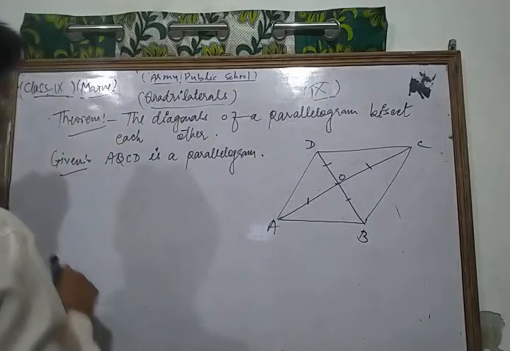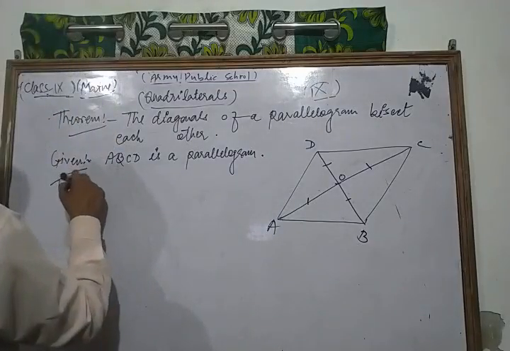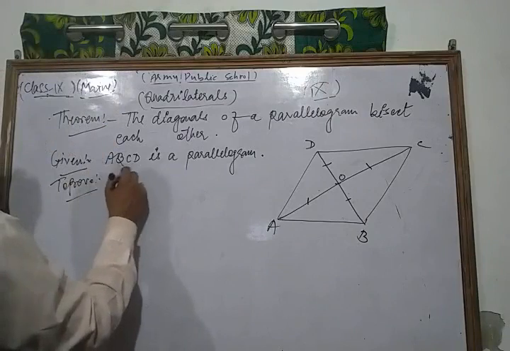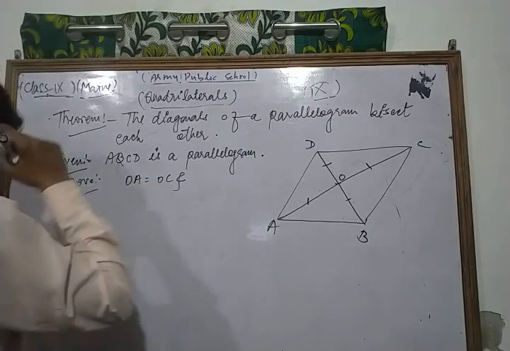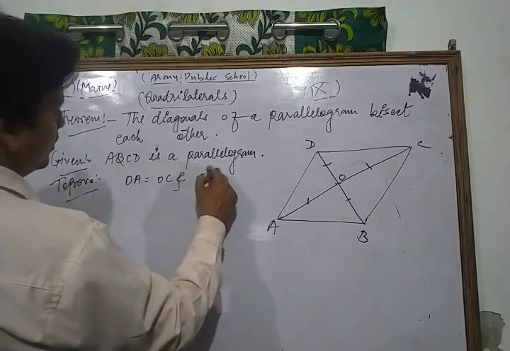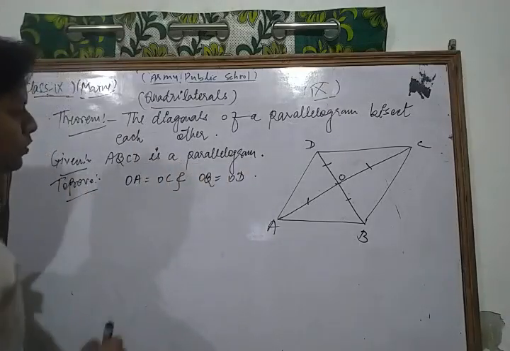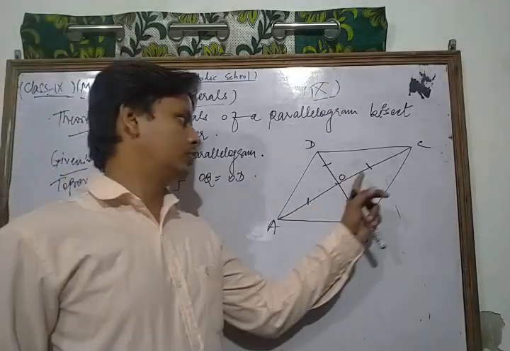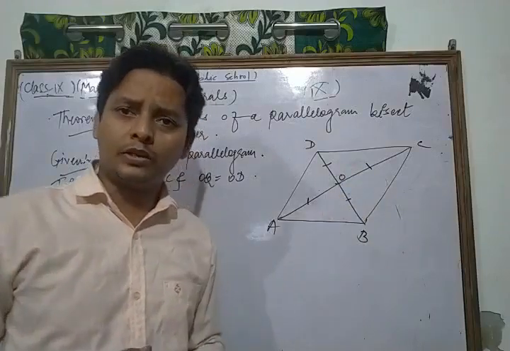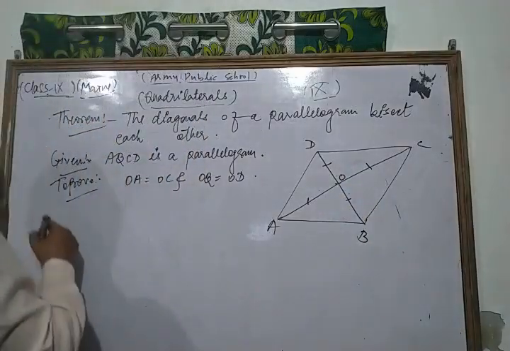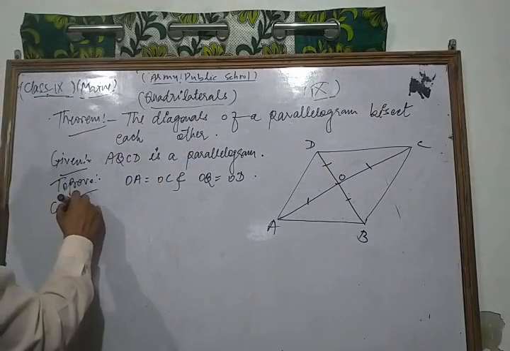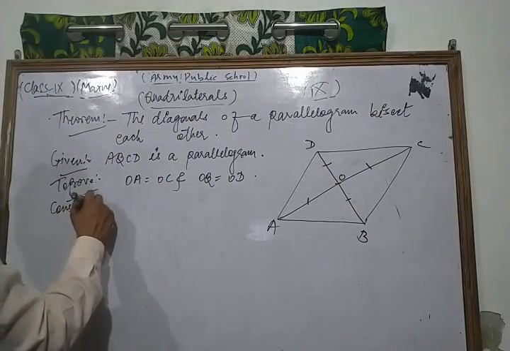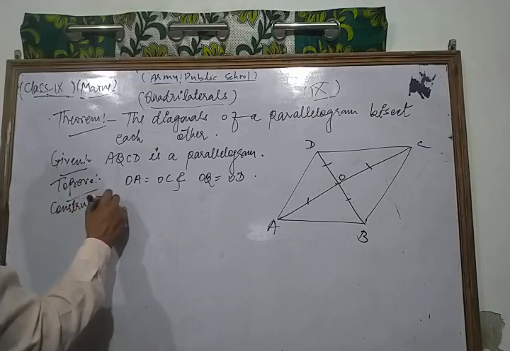To prove, we have to show that OA is equal to OC as well as OB is equal to OD. Now in the next step we write the construction.